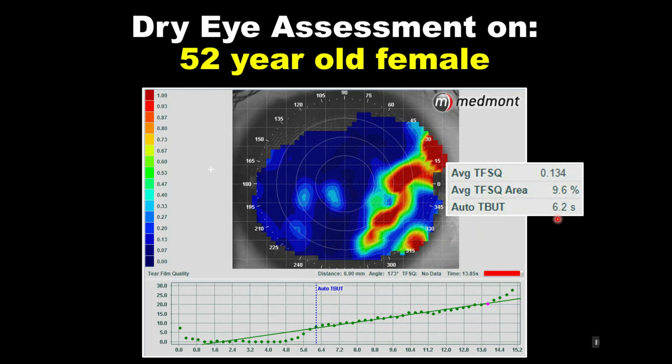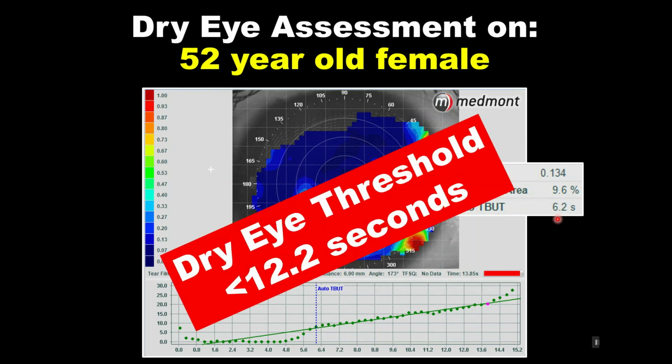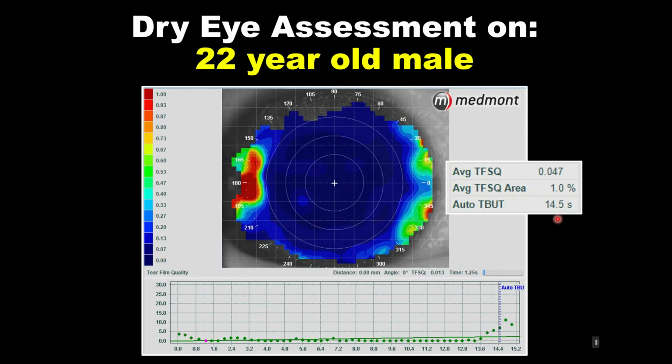And it's been determined that somewhere around 12 seconds is that point where we would determine a patient to be either above the threshold of dry eye or below the threshold of dry eye. So again, anything less than 12.2 seconds would be deemed a potential dry eye patient. Anybody above 12.2 seconds should be normal tear film.